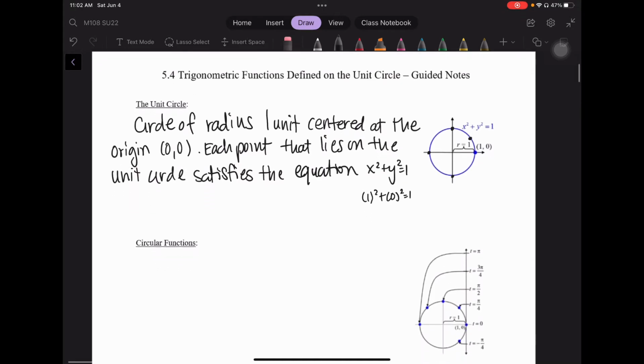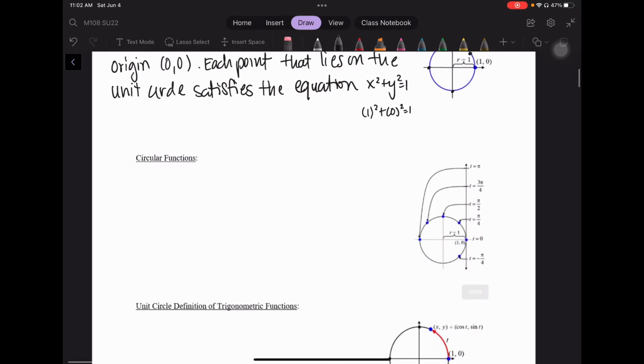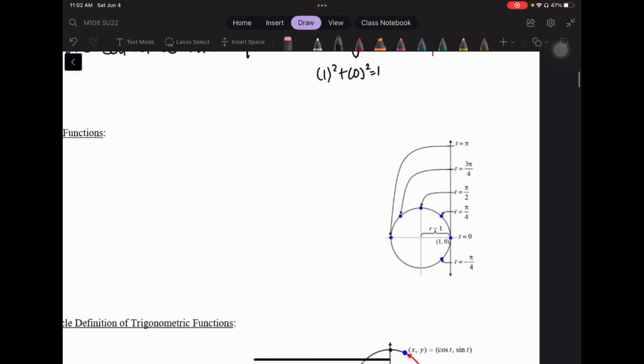So let's look at this circular function diagram on the right-hand side. Knowing that we have, let's say, instead of the value of theta equals pi over 4, let's call it t equals pi over 4. Let's say t equals pi over 2, t equals 3 pi over 4 and pi, and we're wrapping it around circularly around this unit circle.